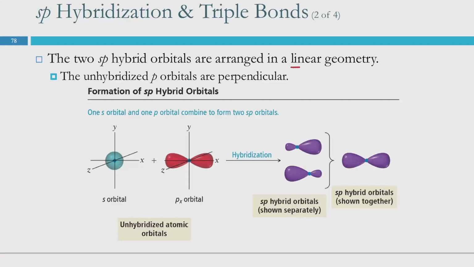They're going to get a linear geometry. Our electron geometry, when we've got two groups, is linear. So we're using those valence shell electron pair repulsion theories, those VSEPR theory names, but all the ones just with no lone pairs. So our two groups, we've got two hybridized orbitals, so we get linear geometry, the lobes sticking out in opposite directions.